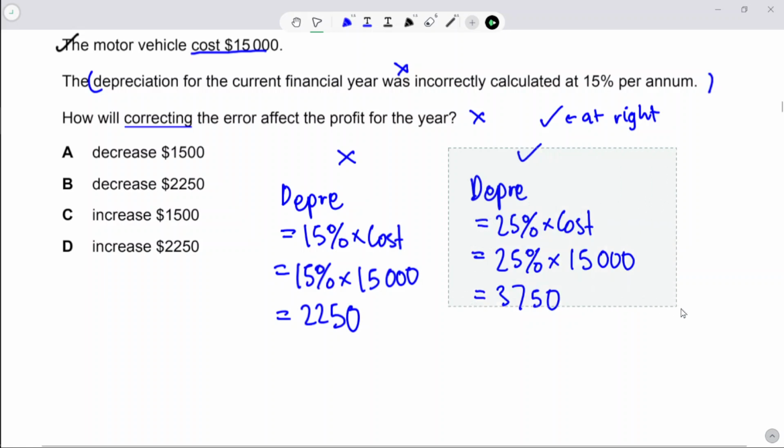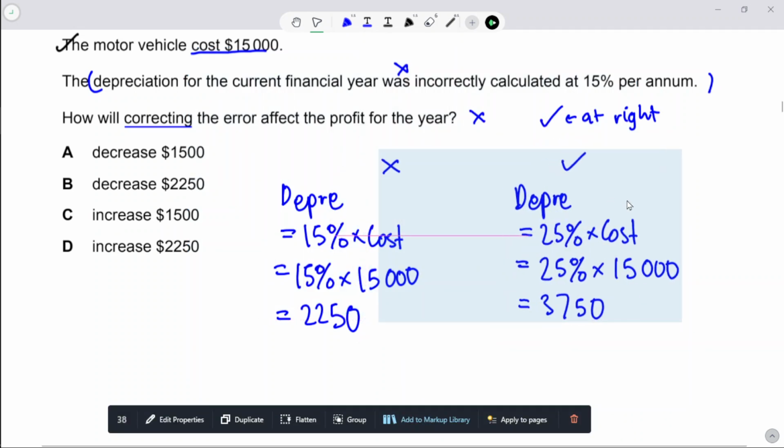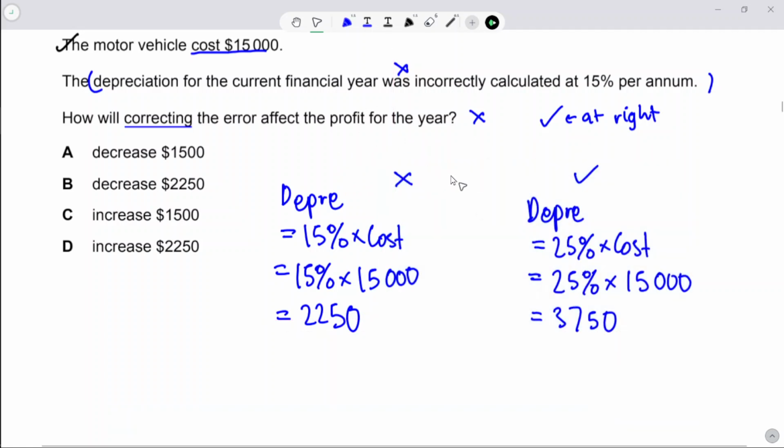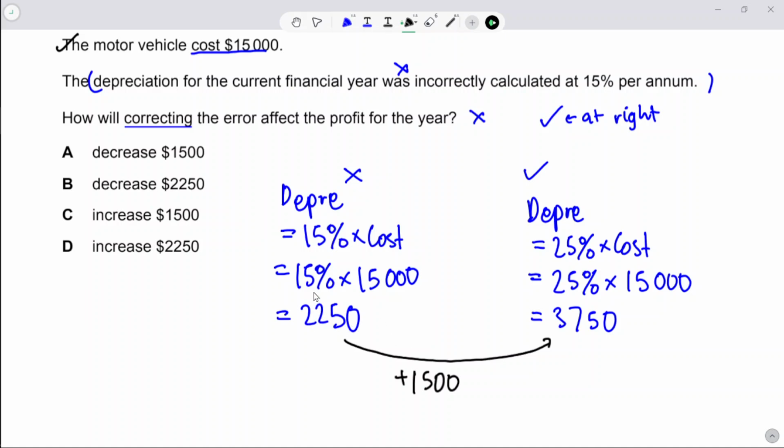So from here to here you need to add 1500. So 2250 add 1500 equal to 3750.